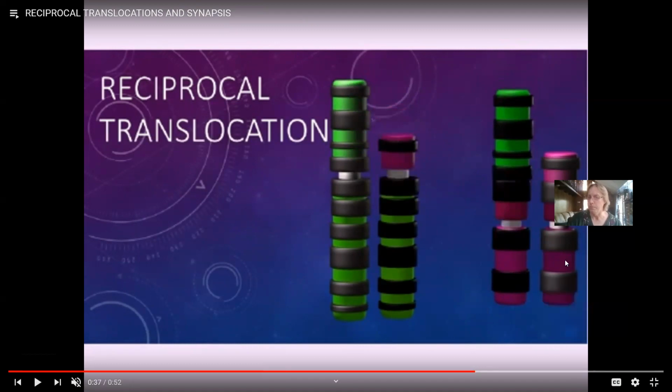Well, the bottom part pairs to the pink chromosome, but the top part pairs to the green chromosome. The reverse would be true here. And so in synapsis, this could lead to abnormal conformations and separations of chromosomes. And so now you can have abnormal chromosome counts in embryos, which could lead to miscarriages, abnormal gene counts, etc.